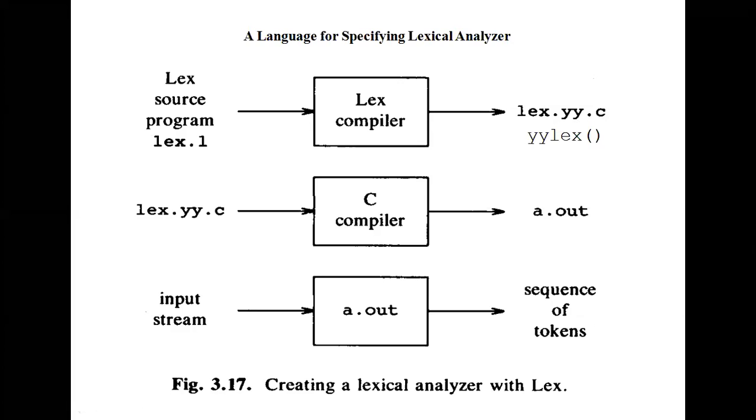The table representation of the transition diagrams constructed for the regular expressions is stored in this. What does this file consist of? It consists of the tabular representations of the transition diagram constructed for the regular expressions. Make a note. And the lexemes can be recognized with the help of this tabular representation of the transition diagram.